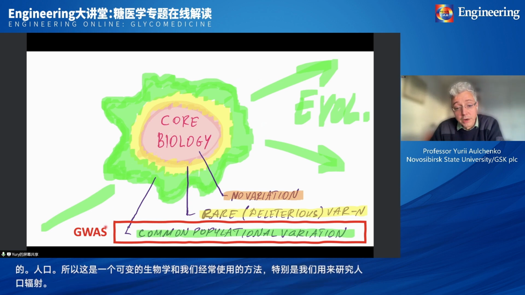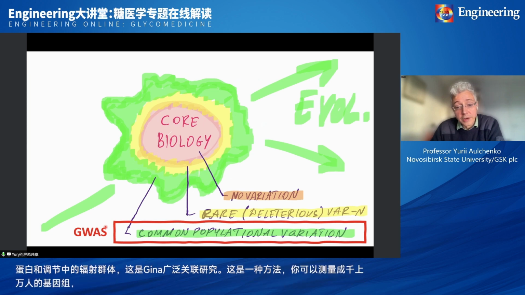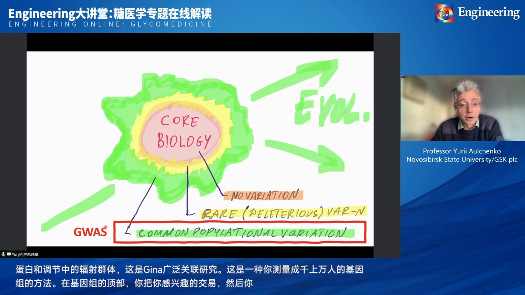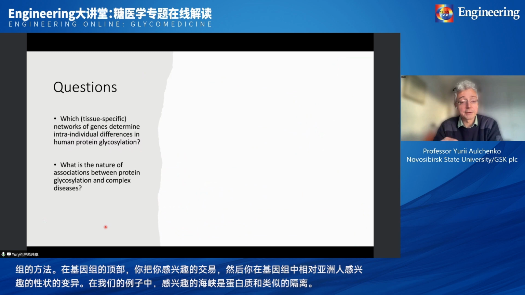This is the approach where you measure the genomes of thousands of people, and on top of the genome, you put your trait of interest, and then you relate the variation in the genome to the variation of the trait of interest. In our case, this trait of interest is protein N-glycosylation, and I will tell you a few more words about that.